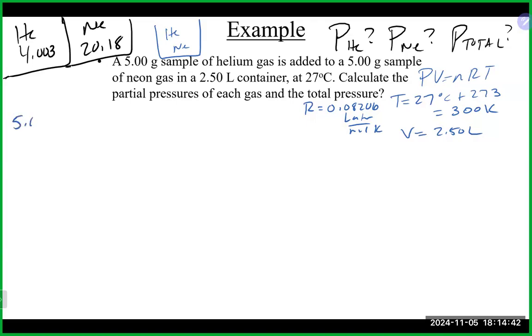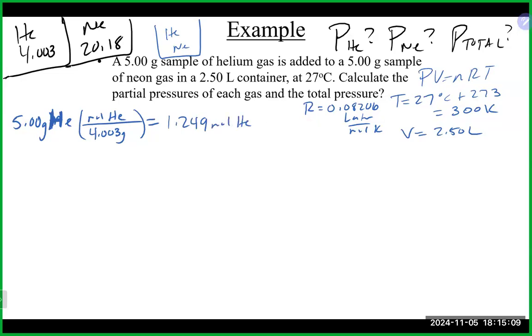So we'll take our 5 grams of not magnesium, helium. It's like magnesium, but not. We're going to divide it by 4.003 grams per mole from the periodic table. That's 5 divided by 4.003, which looks like 1.249 moles of helium.